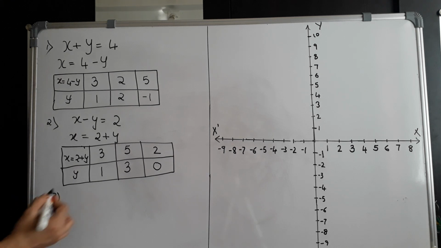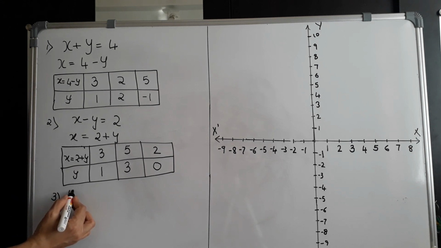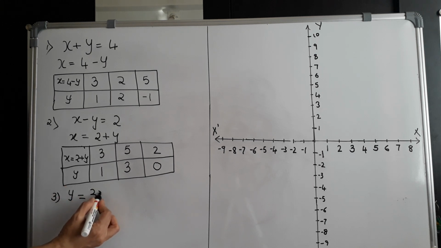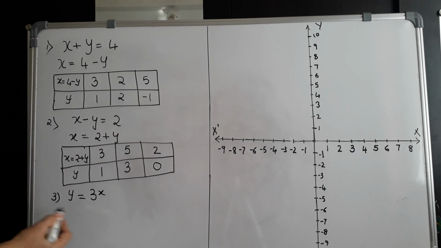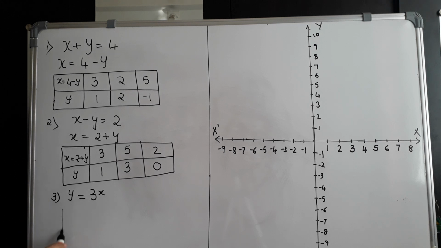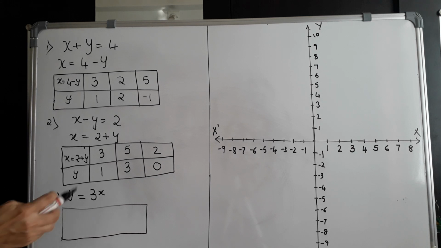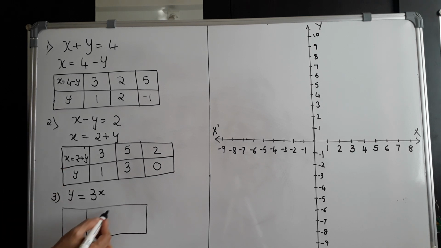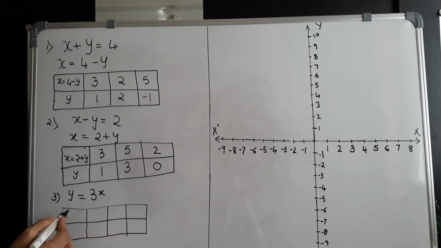Suppose we have y is equal to 3x. Now in this case you don't need any change because already y is given in terms of x. So here we will have to assume x and find the value of y for that. So here we will write x and here we will be writing y equal to 3x.